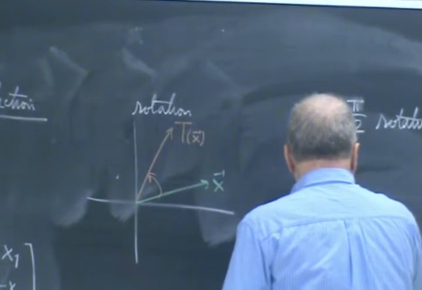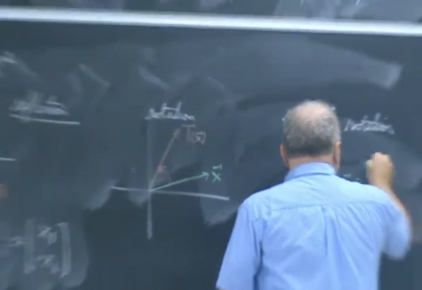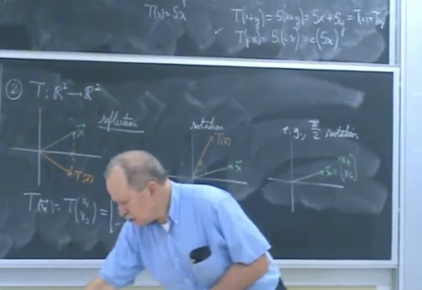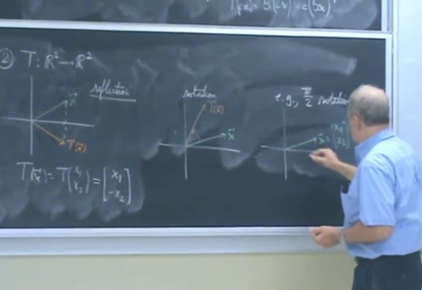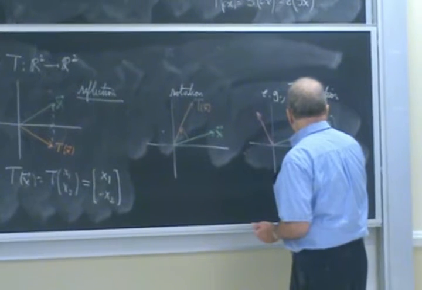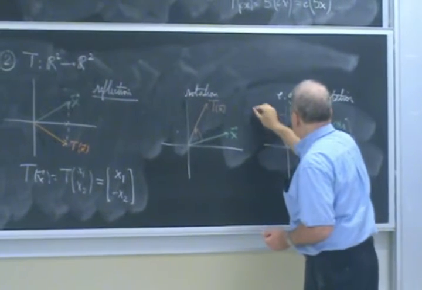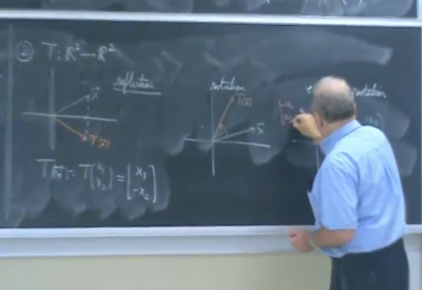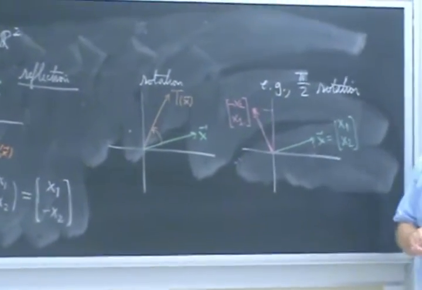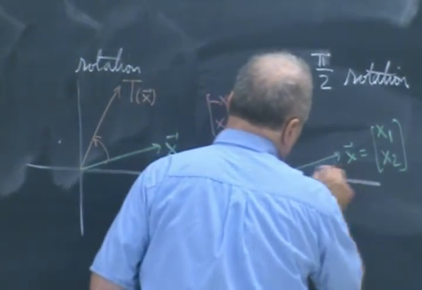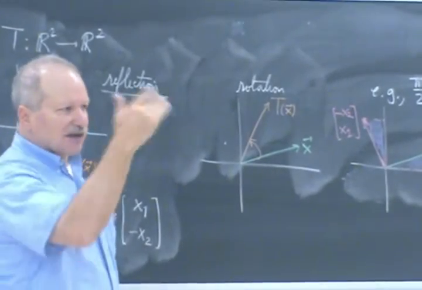So you're saying take x, and what'd you say, Taylor? Negative x2 to x1. So if I take the negative of this quantity and put it there, and I take this quantity and put it there, that seems to be the geometry that we talked about the second day of class, where you take this triangle and you flip it up over here, and that makes a 90-degree angle.